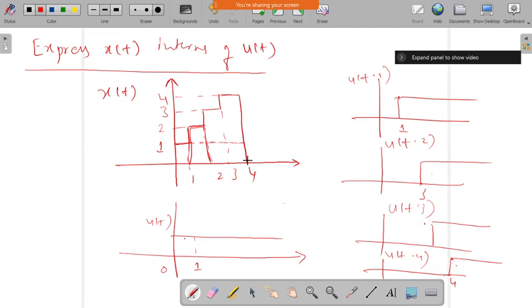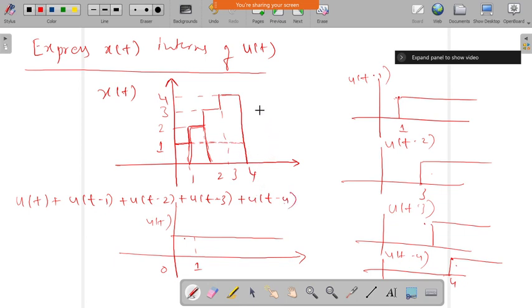Till t minus 4, the value it reaches is 4. So that is u of t plus u of t minus 1 plus u of t minus 2 plus u of t minus 3 plus u of t minus 4.